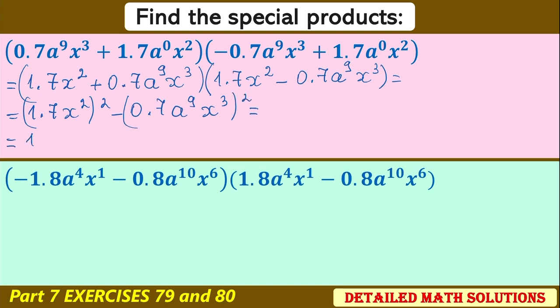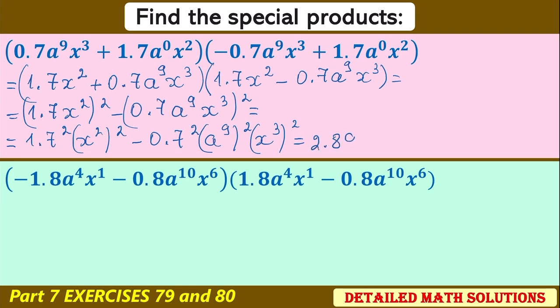When I distribute the exponent, I have 1.7 squared (x squared) squared minus 0.7 squared (a to the 9th power) squared (x to the 3rd power) squared. This equals 2.89 x to the 4th power minus 0.49 a to the 18th power x to the 6th power.